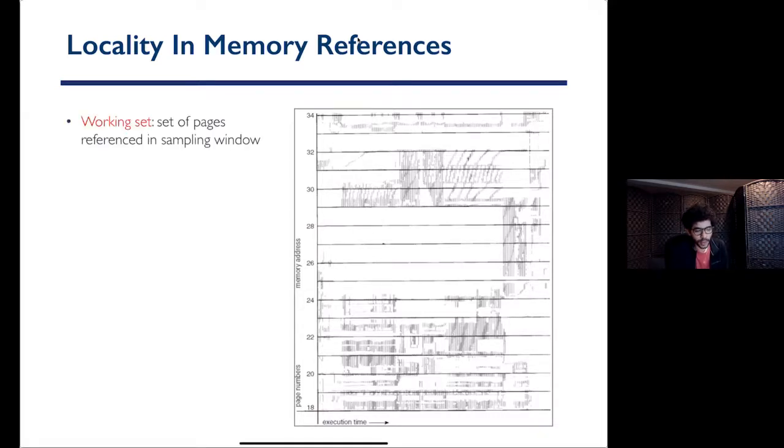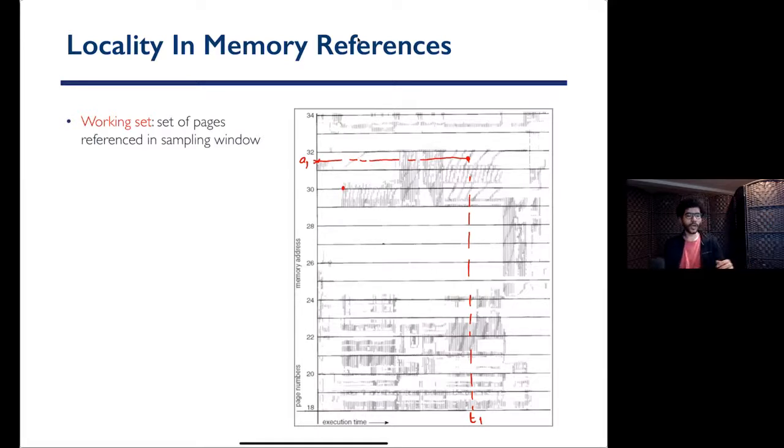So any point in this graph indicates that my application accessed this particular memory address, A1, at this particular time. So at T1 or T whatever, my application accessed this address A1. So that's the meaning of each point here.